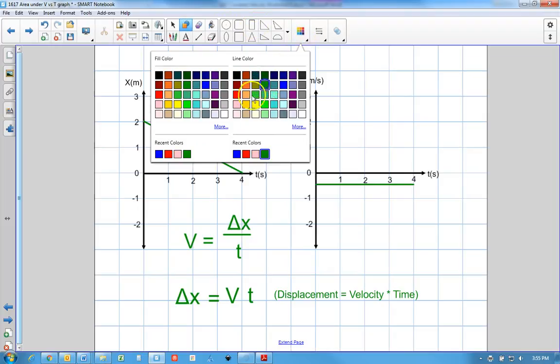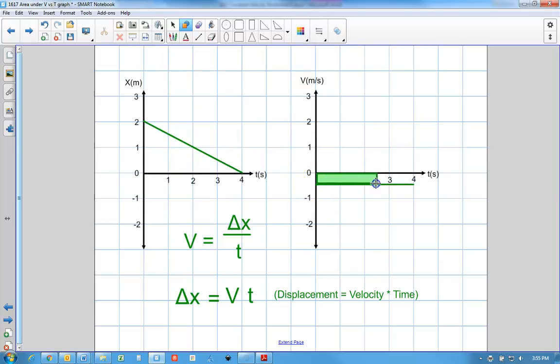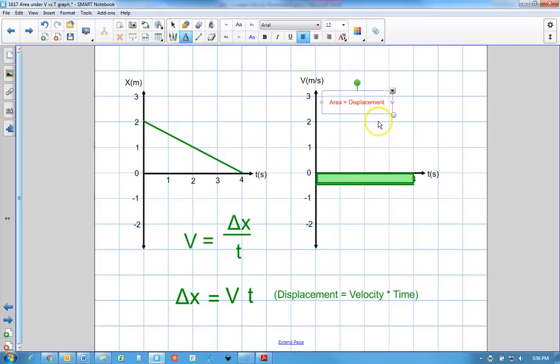We'll use a green box with a green area. Since this box is underneath the axis, that means this is going to be a negative displacement, and it just means it's to the left. So once again, we see that area is equal to displacement. The area between the curve and the axis is equal to displacement.